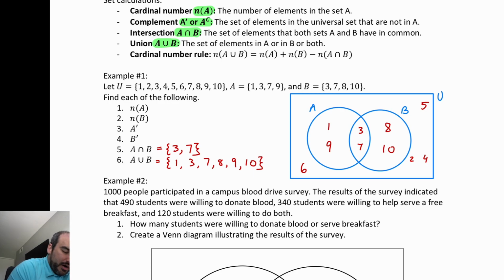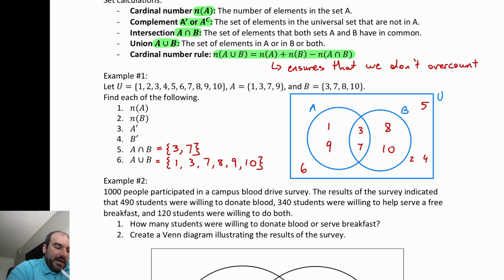As for the cardinal number rule, this is just an equation that helps to not overcount. So this equation ensures that we don't overcount things.